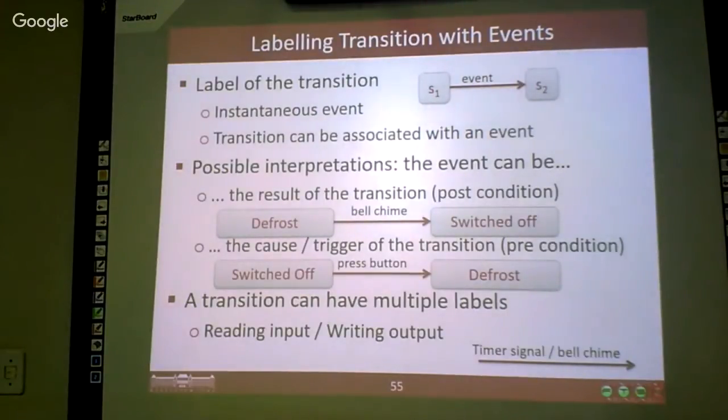And a transition can have multiple layers, for example, reading input and writing output. So for example, if the input is a timer signal, that will trigger the transition, and it will just react with ringing a bell.